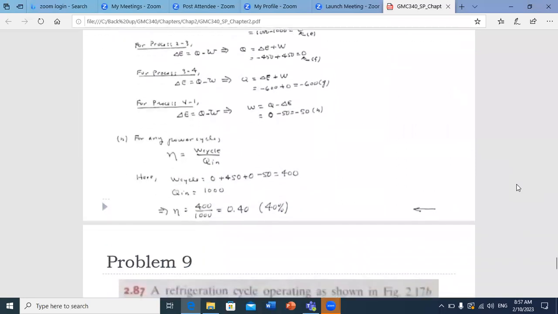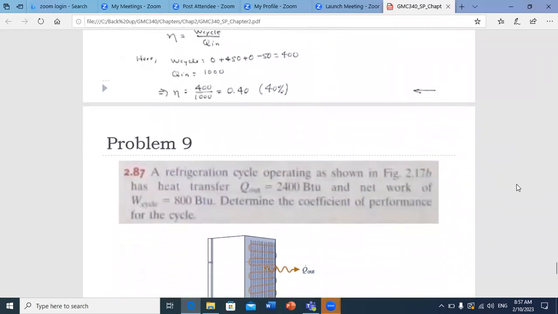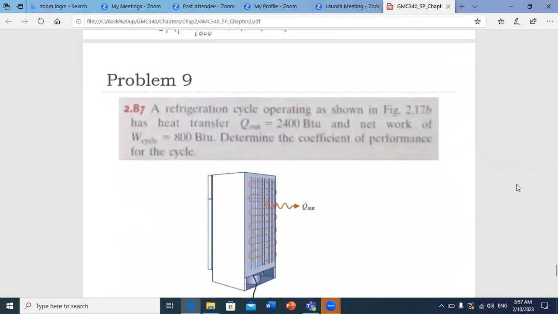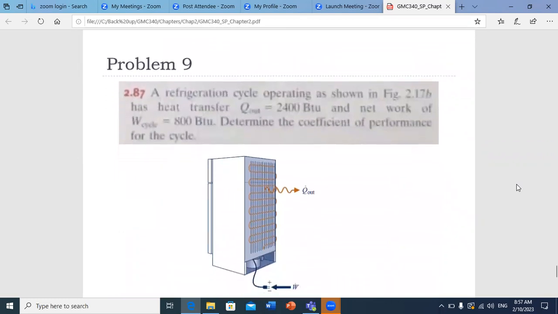So here you have the detailed solution for the problem. Another problem: a refrigerator cycle operating as shown in the figure has a heat transfer Q dot out equal to 2400 BTU and net work of 800 BTU.